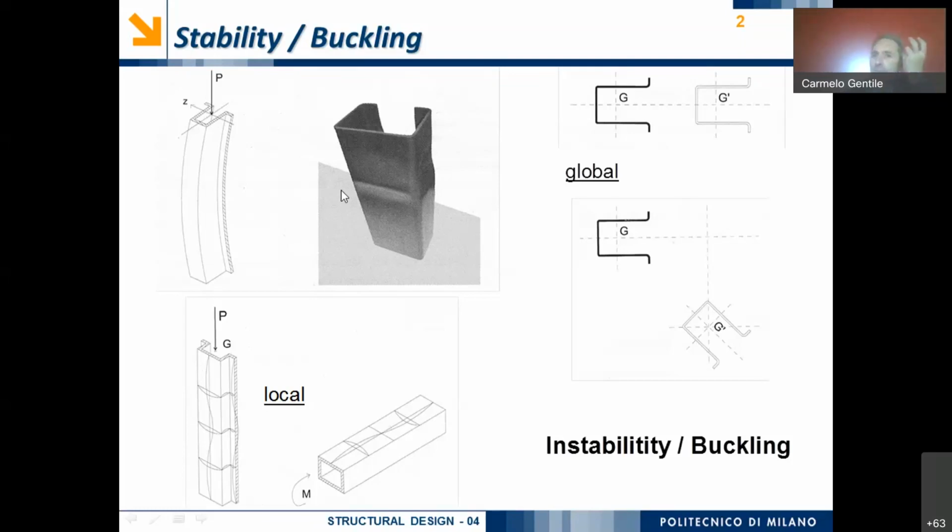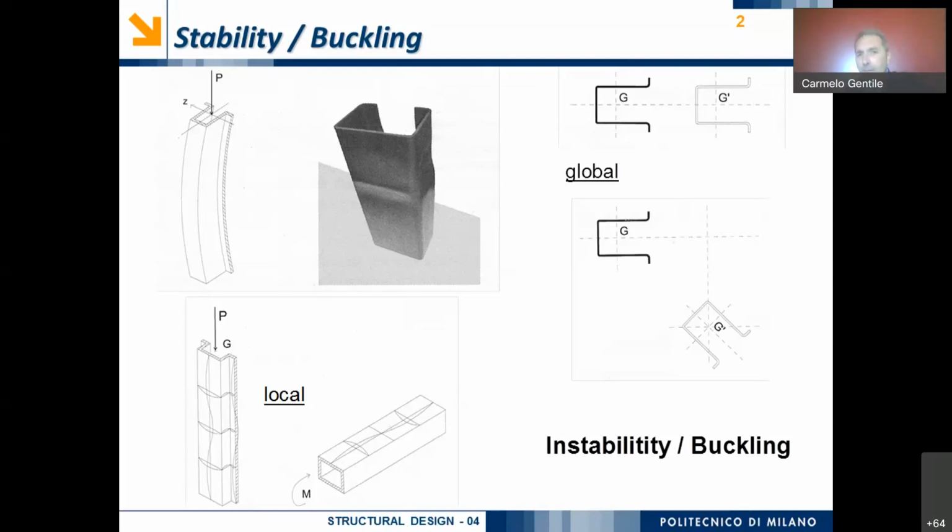When we talk about instability or buckling, the idea is a small action generates a very large effect. When in every kind of phenomenon, physical, mechanical, and even numerical, something like this happens, we can talk of instability.